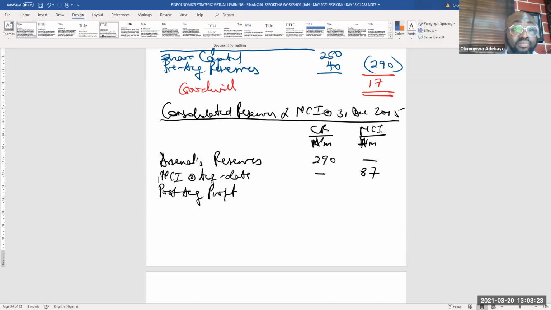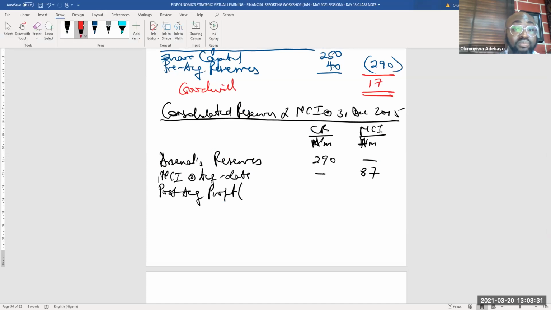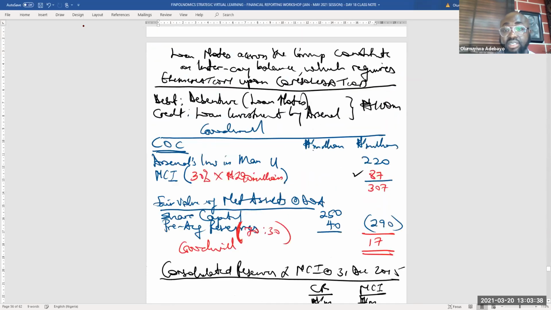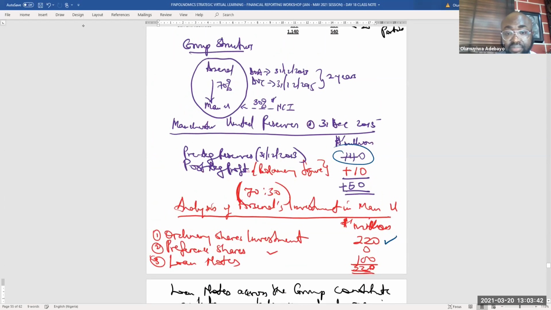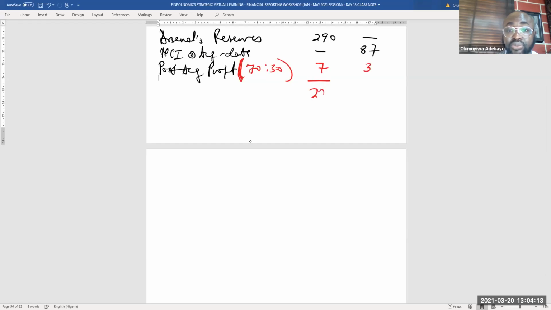That's the ratio 70 to 30. 70 to 30 of how much? Of 10. That is 7 and 3. 297 and 90.